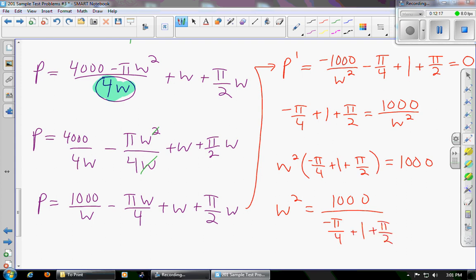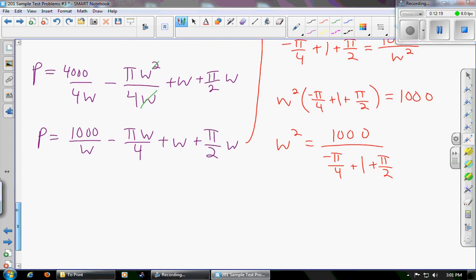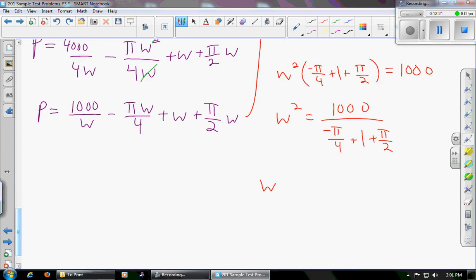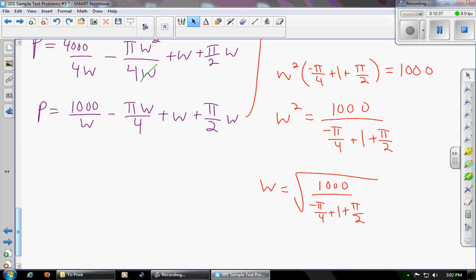And then finally, to solve for w, we take the square root of both sides. Technically should be a plus or minus because we took a square root of both sides of an equation, but we're looking for a positive width anyway, so we'll ignore that technicality.